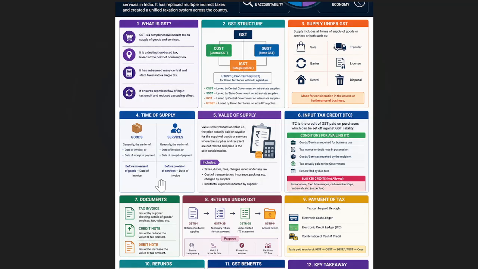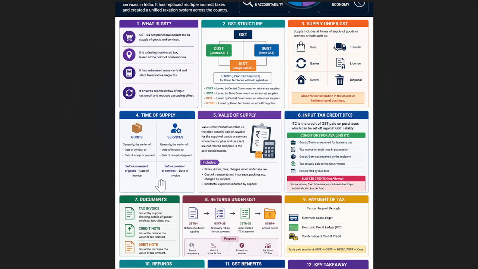GSTR 2B, auto-drafted ITC statement. GSTR 9, annual return. Purpose: ensure transparency, match and reconcile data, prevent tax evasion, and facilitate ITC flow.